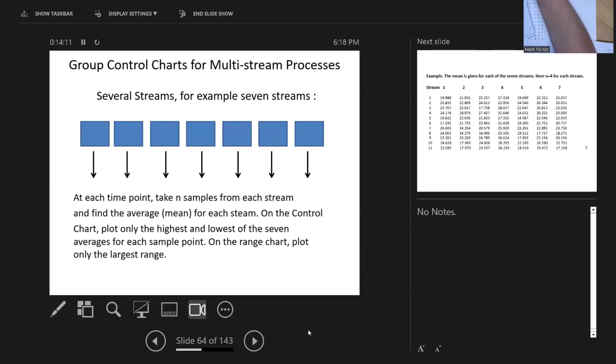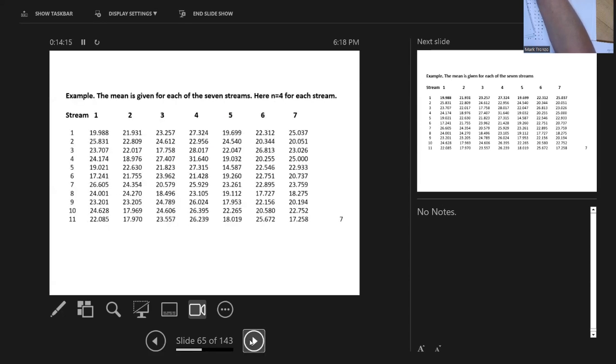So it's going to be something like this. Let's say you have these 7 streams, and you've taken a sample size of 4. And so what we see here, again, we have the 7 streams. When we're taking our first sample, we're going to have 4 from stream 1, and we're taking the average of those.